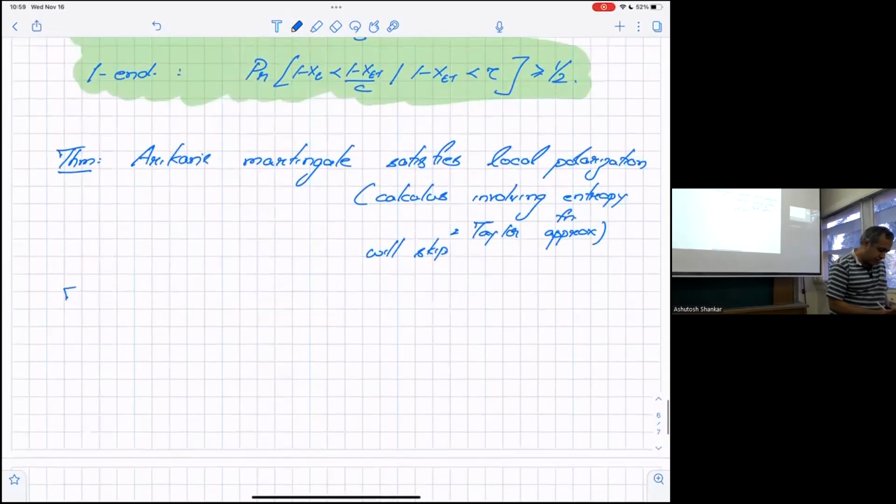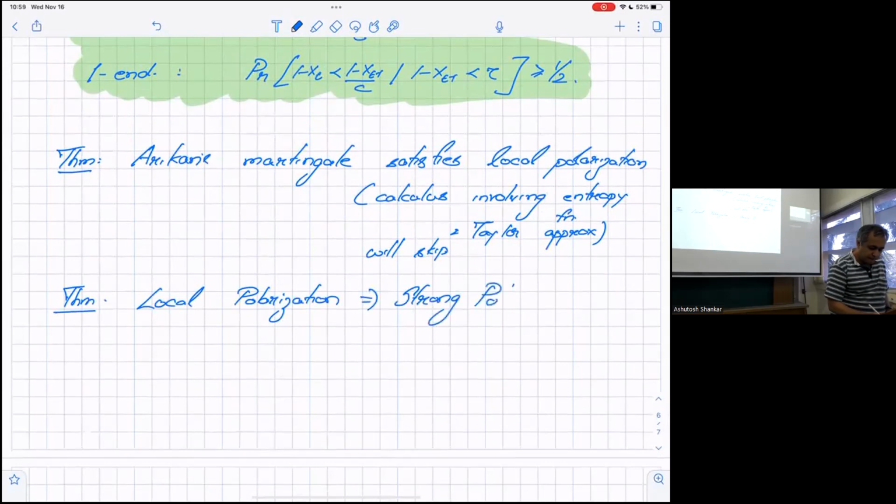The next theorem is that local polarization implies strong polarization. Just recall what strong polarization is.